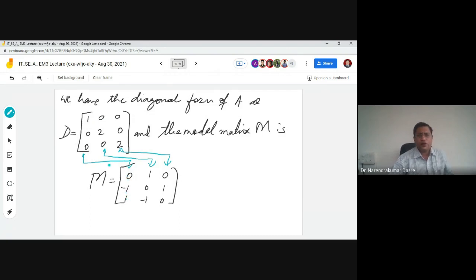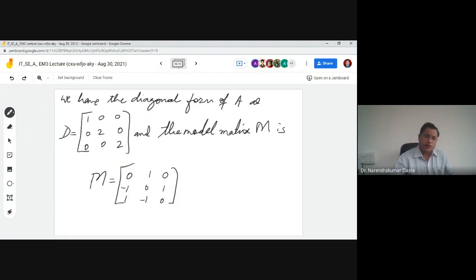For the second eigenvalue, we'll have the second eigenvector here. For the third eigenvalue, we'll have the third eigenvector here. Okay, so this way, when you write this in order, definitely this M is going to be an invertible matrix.